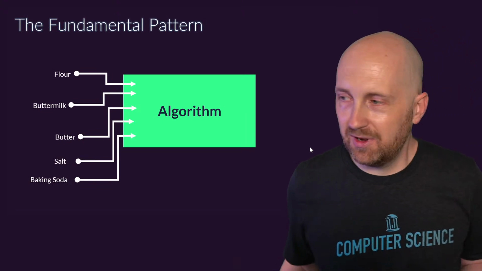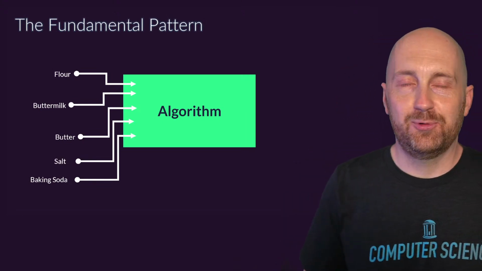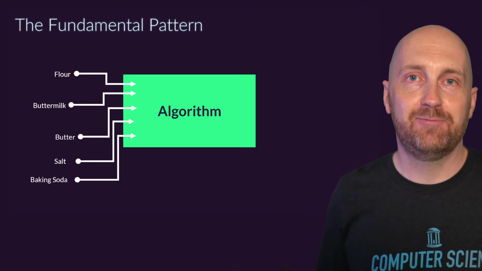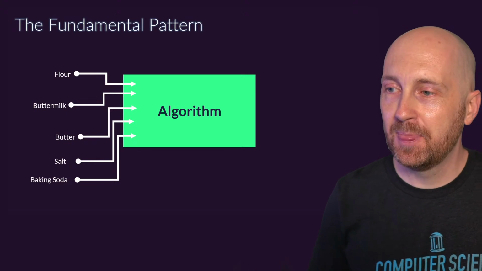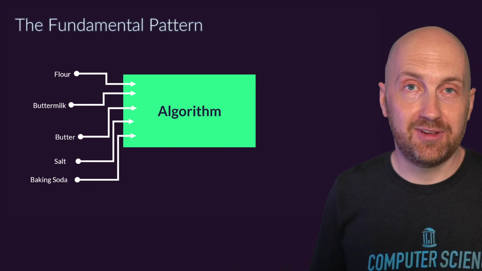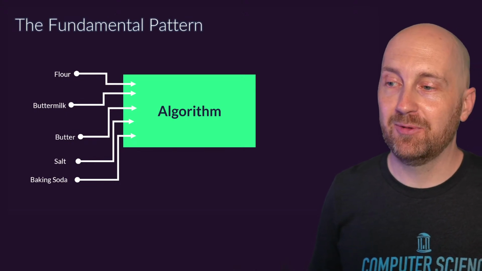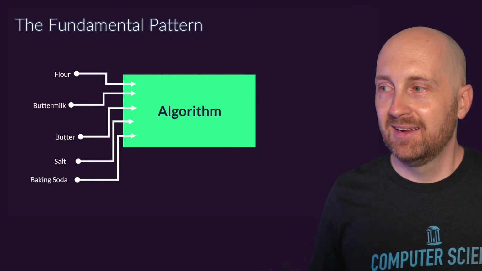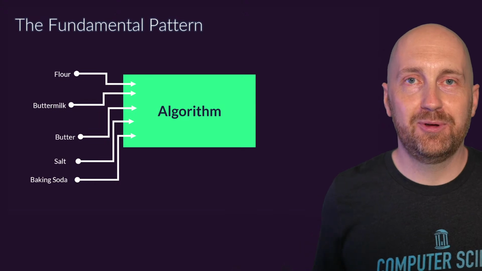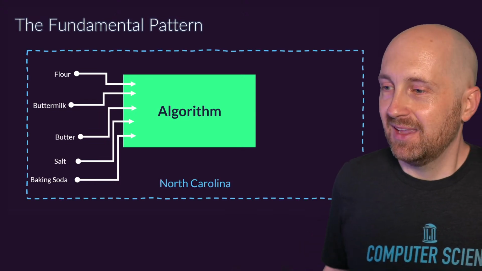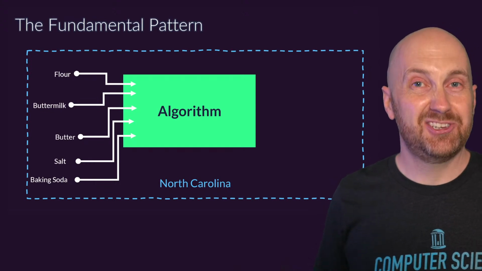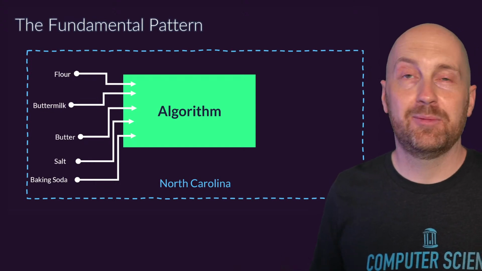One thing we can try is a kind of silly but common first representation of this pattern. Imagine some input like flour, buttermilk, butter, salt, and baking soda. You might be wondering, what is the algorithm? What are we trying to produce here? If I tell you that this algorithm is being applied in the state of North Carolina, that might actually change the way the algorithm runs a little bit.